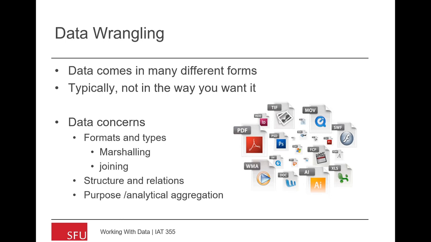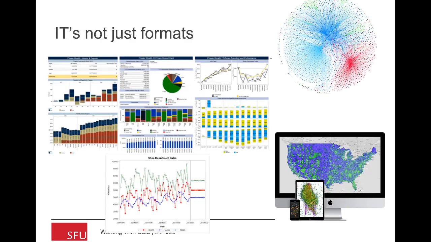And sometimes the information you're looking for might be stored in a relational database and might need to be generated as a result of joining or doing database operations to get a collected table that is distributed amongst various tables within the database. And you might want to also deal with the structure and relations that are present in the data collection and figure out the purpose of the analytical aggregation methods that are used in the data storage that you've got to be able to analyze.